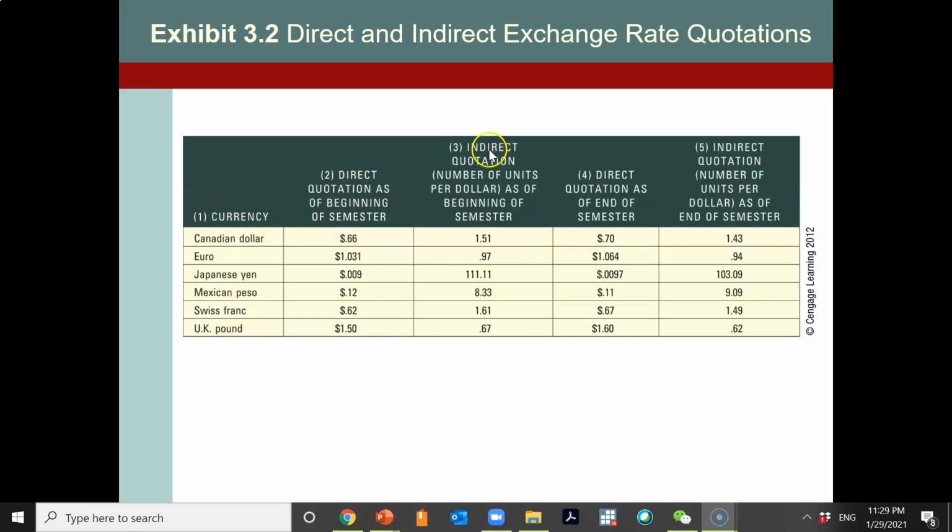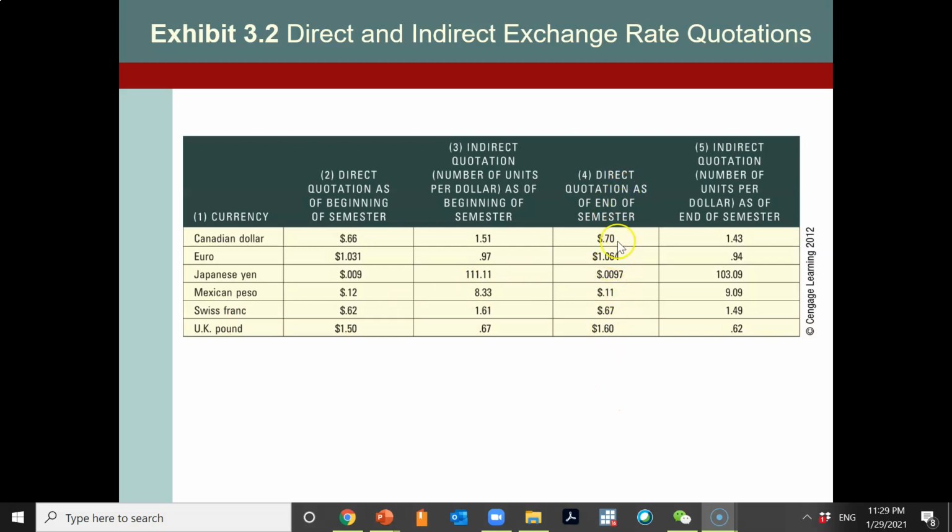Then in the third column, we have indirect quotation, number of units per dollar as of beginning of semester. So we have this amount of these currencies worth $1. Then in the fourth column, we have direct quotation as of end of the semester.